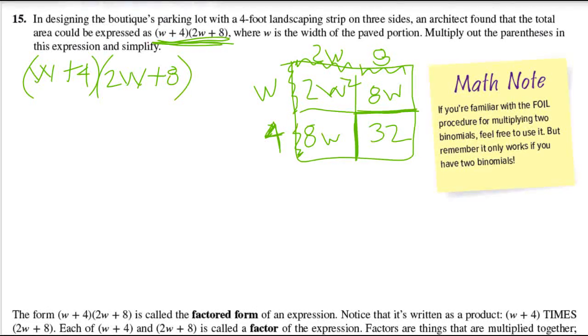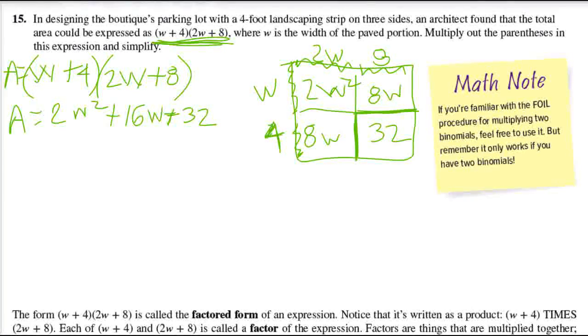And when I write it this way, first of all, I can also write my area. I'll call this A. A equals W plus 4 times 2W plus 8, the total area of the rectangle. Total area of the rectangle is also equal to 2W squared plus 16W, because I have 8 W's and then another 8 W's, plus 32.